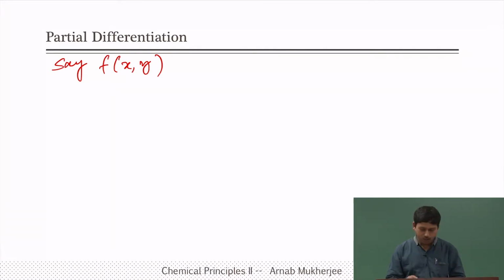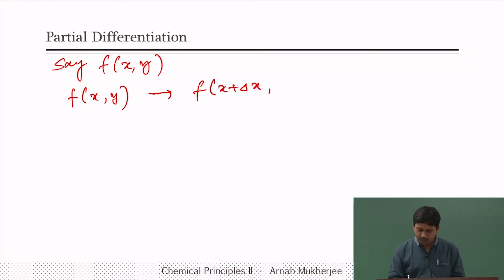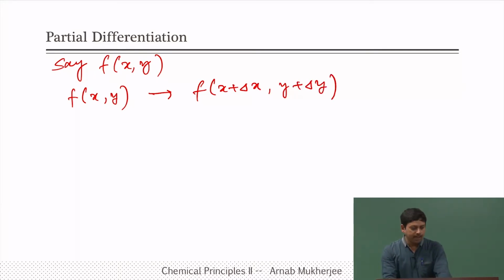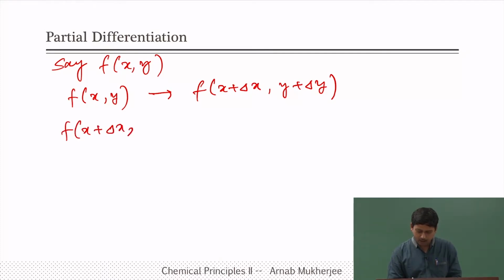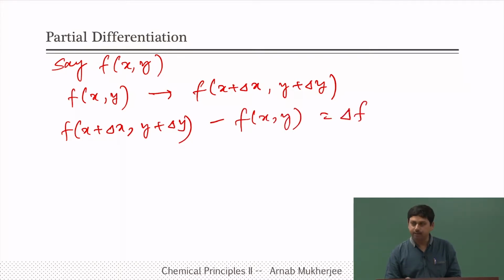How do I understand that? We want to see how f(x, y) goes to f(x plus delta x, y plus delta y). So how do I write that? We can say that f(x plus delta x, y plus delta y) minus f(x, y) is equal to delta f.